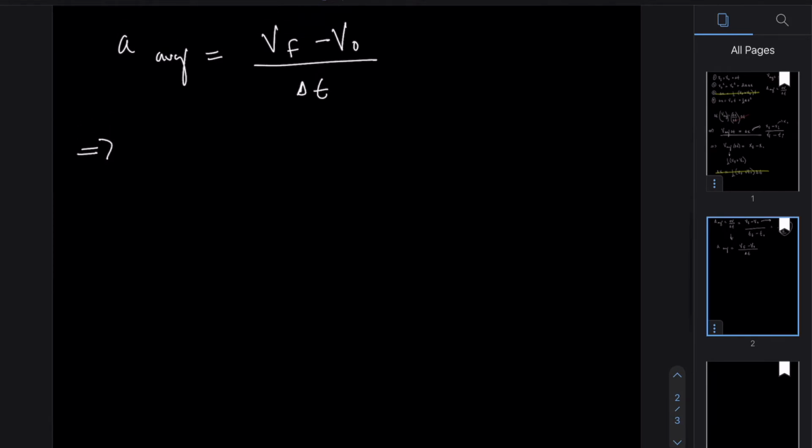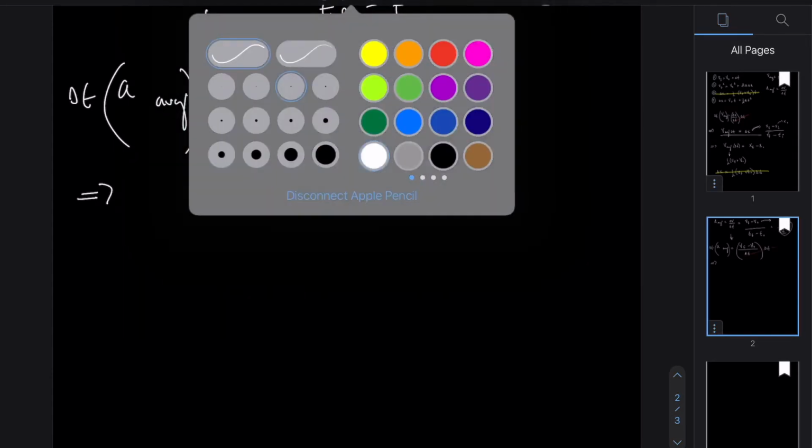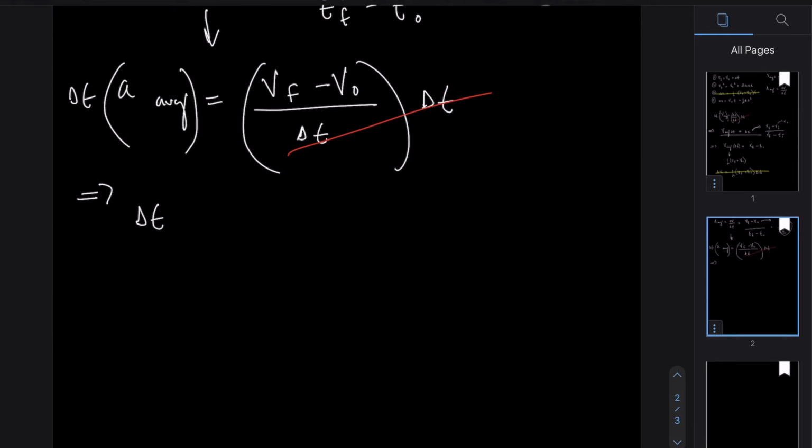So if we want to rewrite that, let us multiply both sides by time. If we do that, similar to earlier, these cancel out, and you're left with change in time times average acceleration is equal to v final minus v initial.